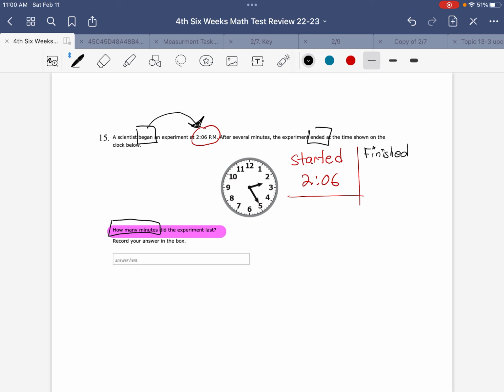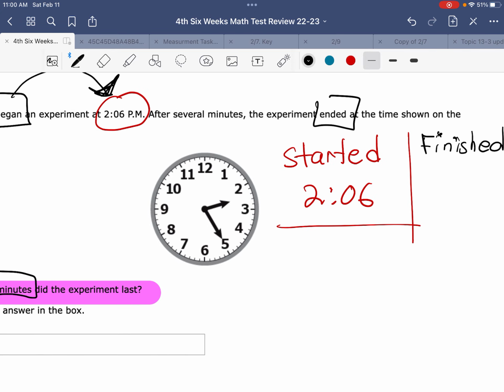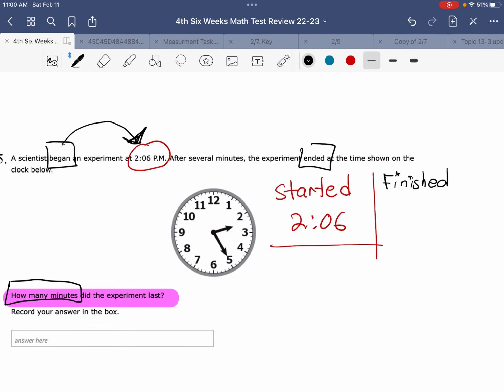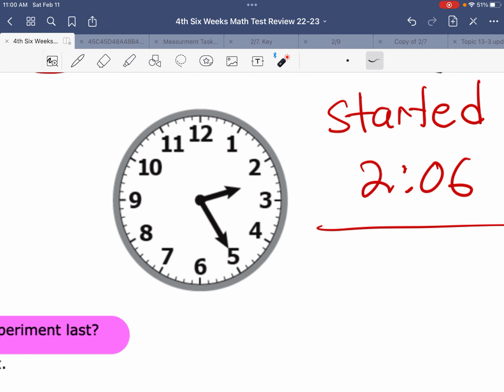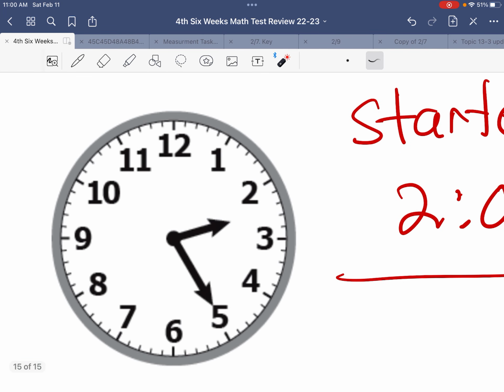Okay, so my small hand, I'm going to write it on the side. My small hand is my hour, and my big hand is my minutes. Okay, so I look at my small hand. It has not passed the 3. Let me zoom in. It has not passed the 3. So that means it's still 2.